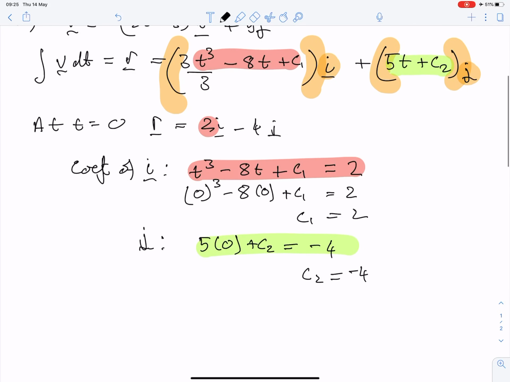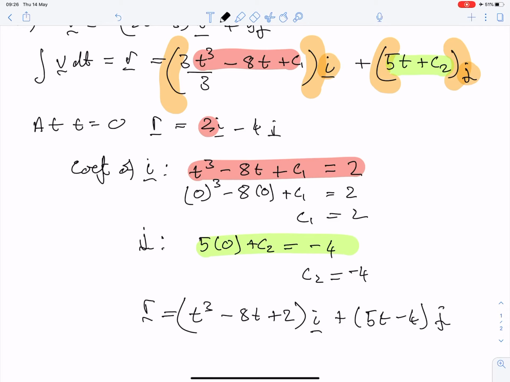So we can substitute back in, and we've got r is equal to t cubed minus 8t, sorry, plus 2, looked up at the wrong one, plus 2, lots of i, and then plus 5t minus 4, lots of j.